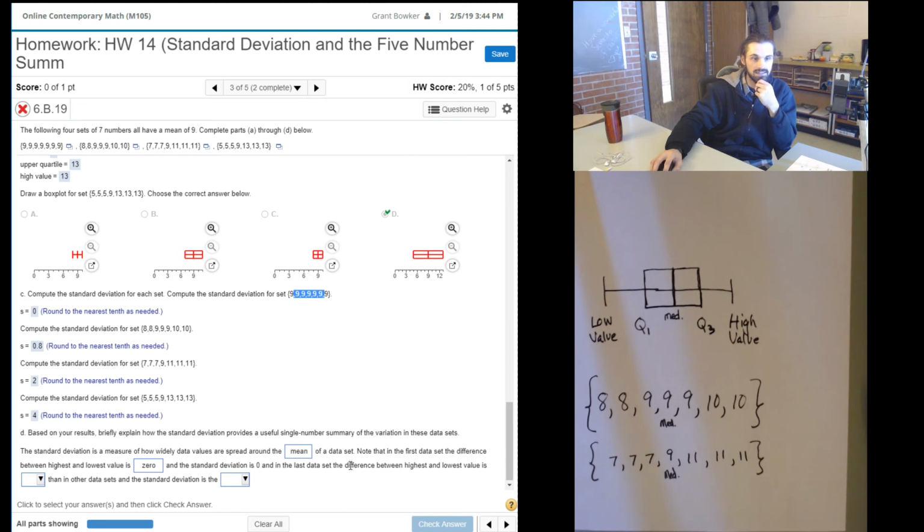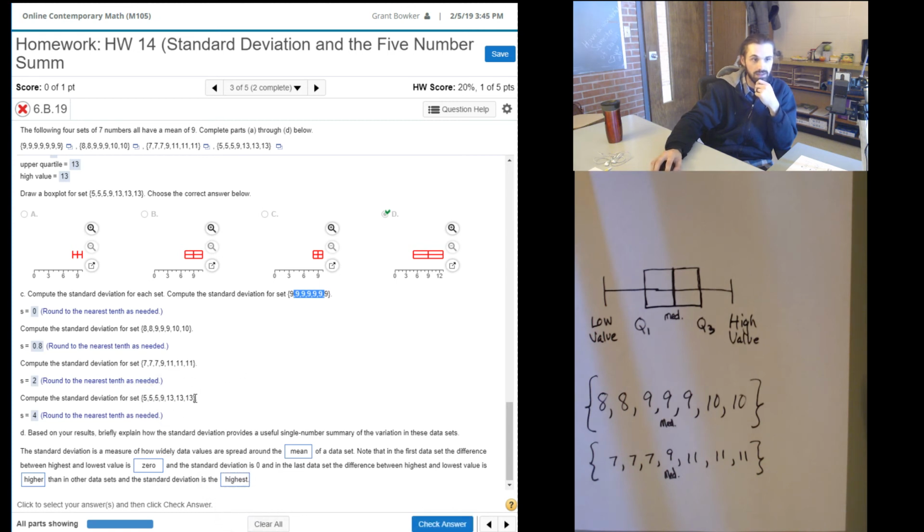And in the last data set, the difference between the high and the low was 8, 13 to 5, which is higher than in the other data sets, and the standard deviation is the highest.